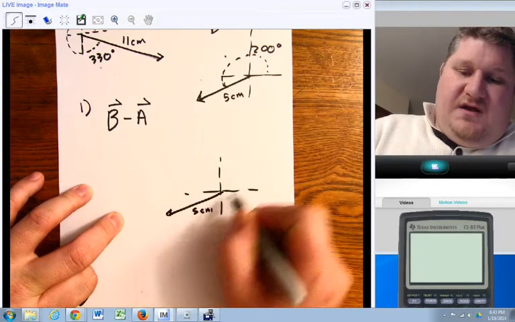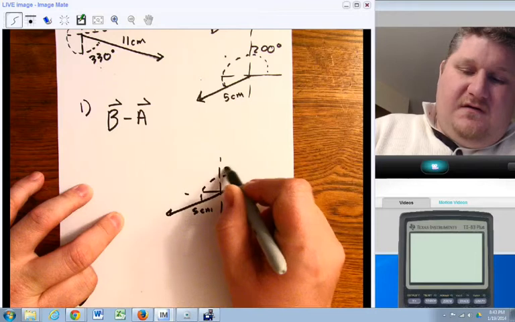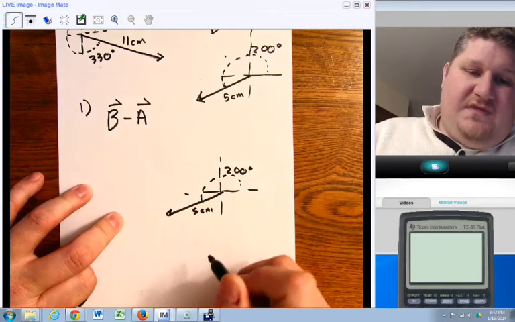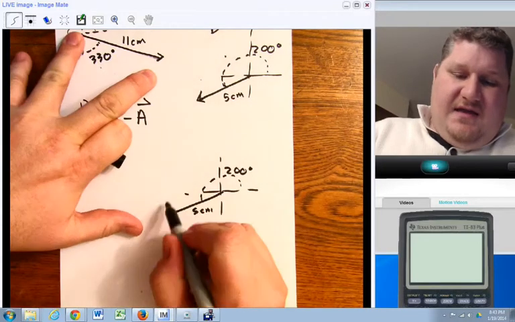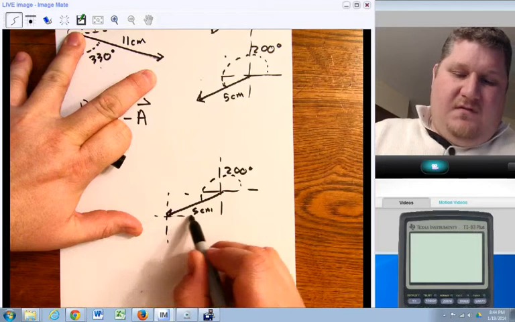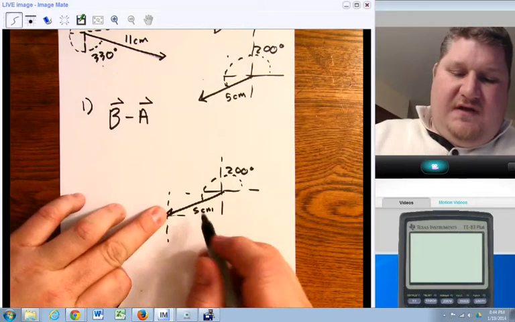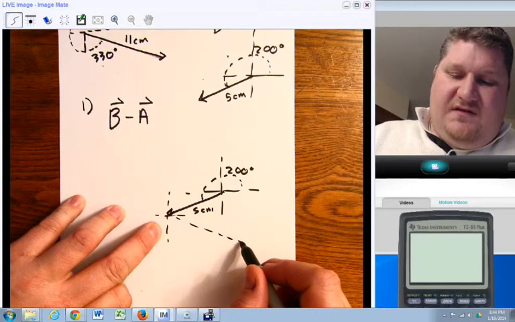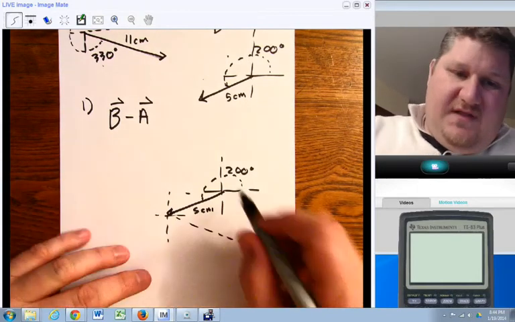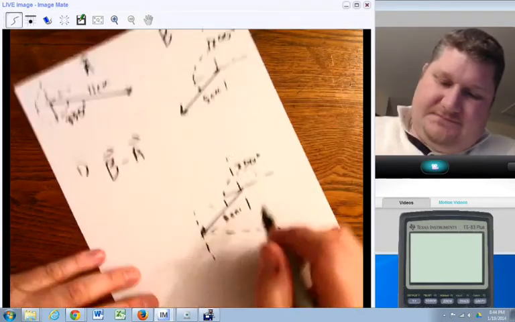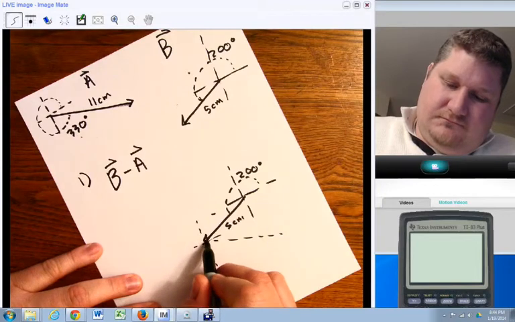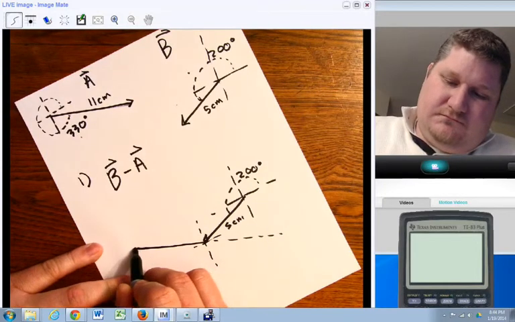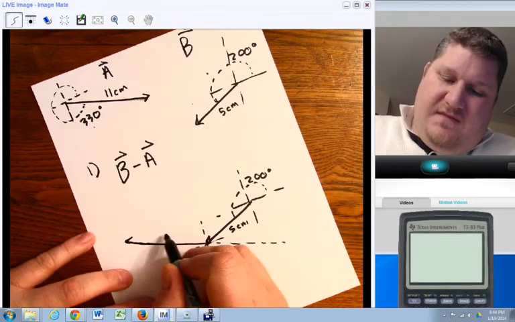5 centimeters at 200 degrees. Then we take A, put the tail of this one here at the head of this one, and normally it would go off in this direction, but because it's negative A, it's going to flip and go back in that direction.